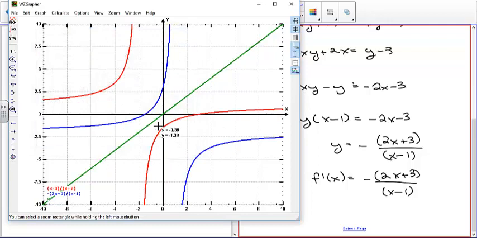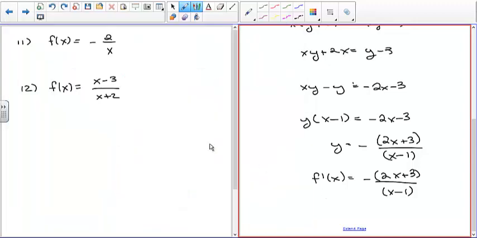So the blue and the red curve here are symmetric around y equals x. So what you have is a reciprocal function that looks like this, and another reciprocal function that looks like that, and you can see how they're symmetric around the line y equals x. So that's it.